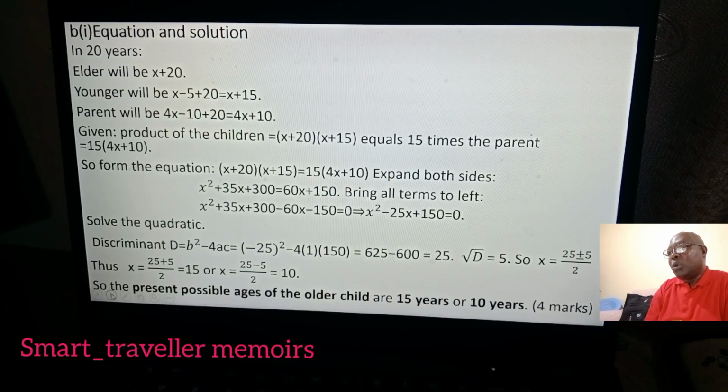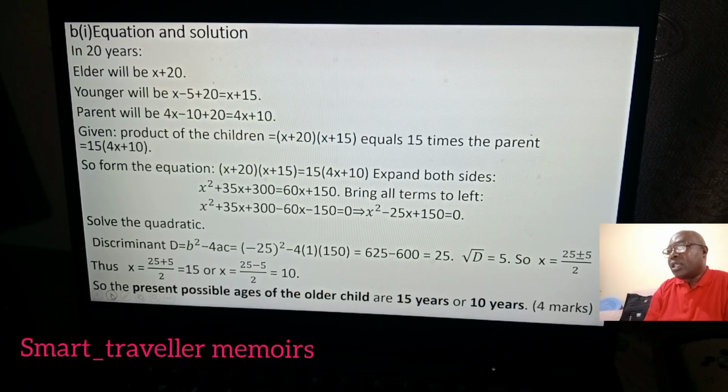The parent will be 4x minus 10 plus 20, which simplifies to 4x plus 10. Given the product of the children's ages, (x plus 20) times (x plus 15) equals 15 times the parent's age, equals 15 times (4x plus 10).